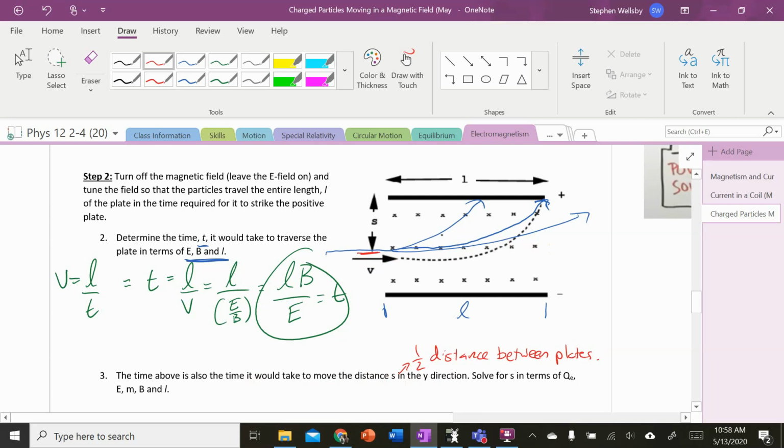Now remember that the electric force is only acting in this direction for the moving particle. So this right here is going to be acting like a parabola. This is just like projectile motion when you're looking, from grade 11, at firing a cannonball off a cliff. In projectile motion, the y and the x are independent. So we need to figure out the distance y in terms of Q, the charge of the electron, plus these other 4 variables here. So again, pause the video and try this for yourself.